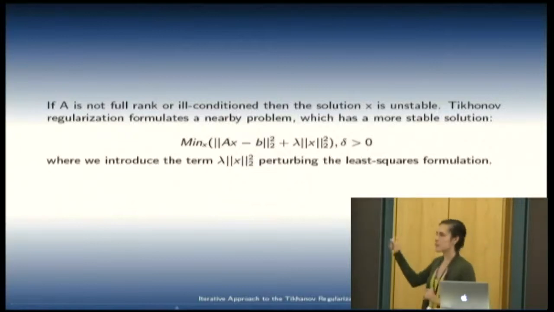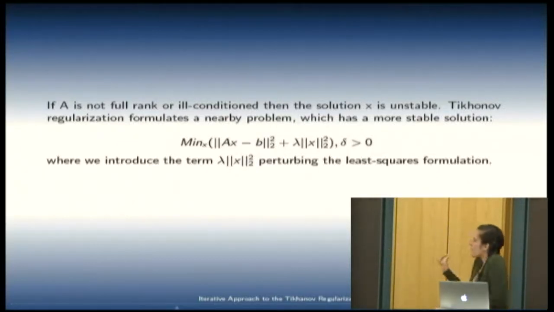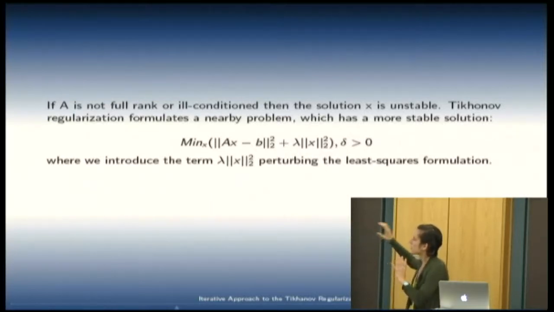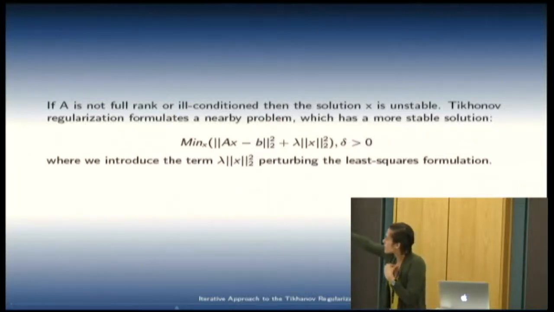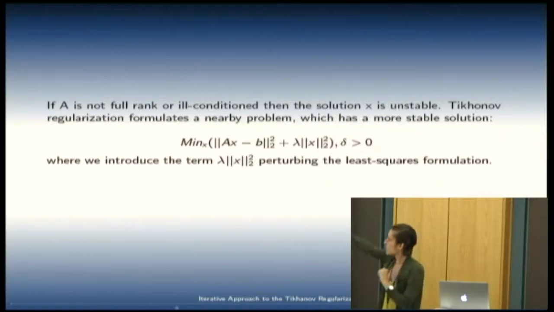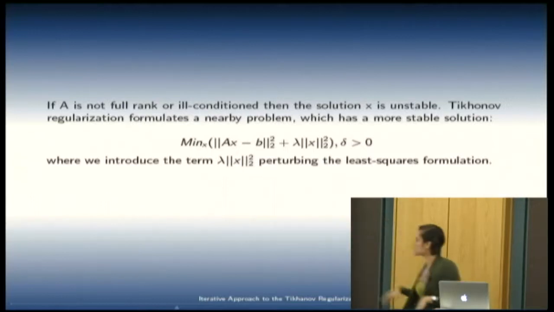They'll add a lambda x, and that extra little constraint makes the problem more stable by pulling some of the weight of the problem away from AX minus B. So the larger lambda is, the more you're pulling away from AX minus B. And when lambda is 0, you're going back to the original solution.